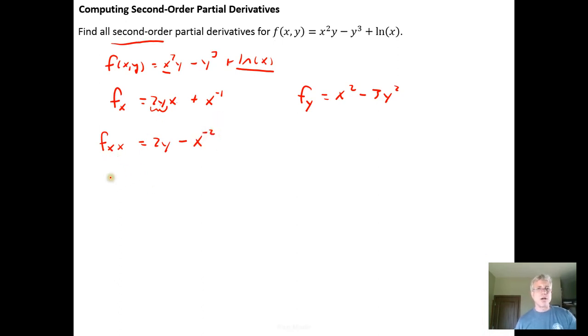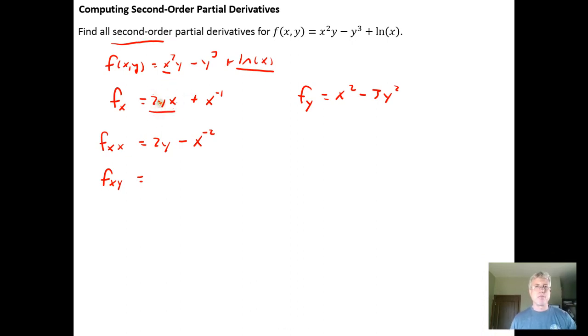I can also calculate the partial derivative f sub xy, because this says take the derivative first with respect to x, which I did right here, then take the derivative of that result, but do it with respect to y. So doing this mixed partial, we'll take the derivative of this with respect to y.